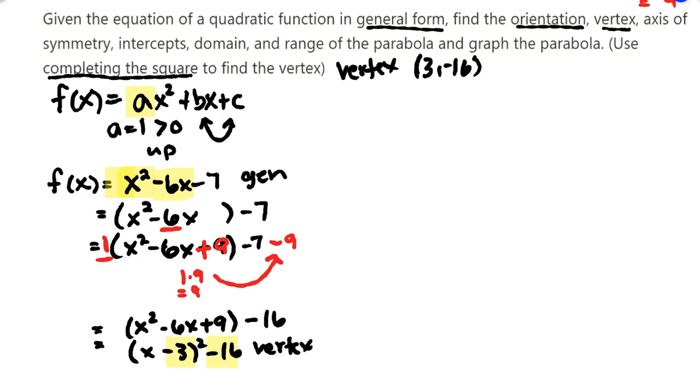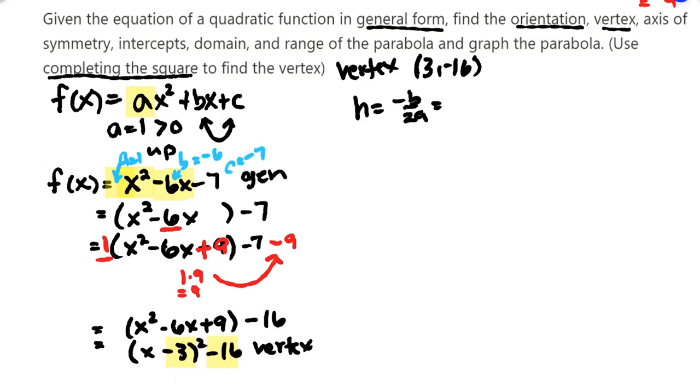Now there's an alternative way to find the vertex, and that's using a vertex formula. The vertex formula is that the x-coordinate of the vertex is -b over 2a. And for our function, a would be 1, b would be -6, and c is -7.